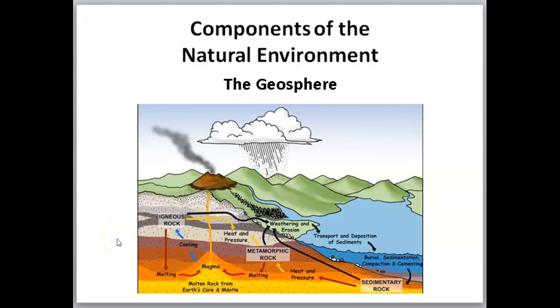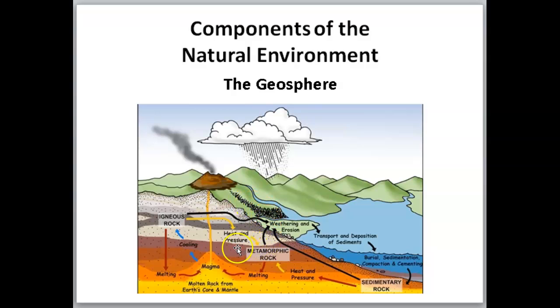We see three primary rocks: igneous, metamorphic, and sedimentary rock, which all melt to create magma, which then shoots up to create volcanoes or volcanic action, which then flows in liquid form, molten rock, to create new land masses.